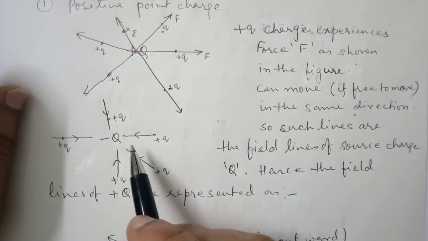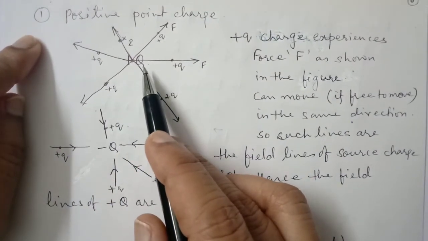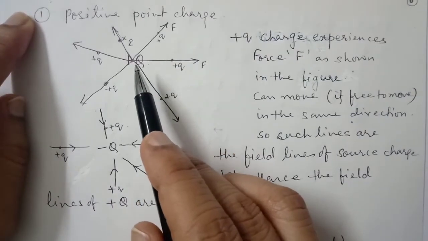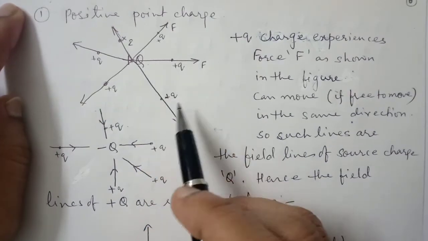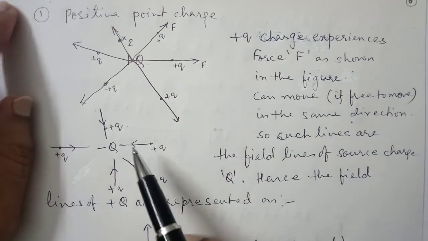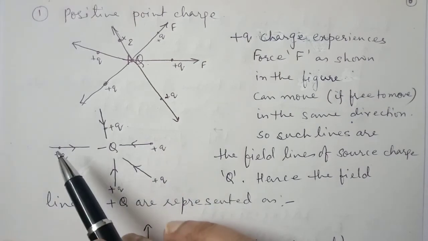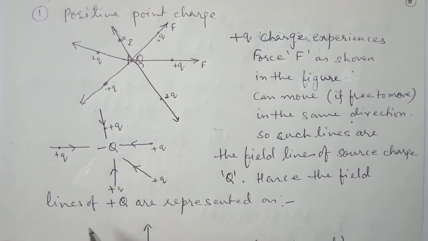What we can see is, when it is a positive charge, field lines are going away from it. I will call it radially away from the charge. If it is a negative charge, field lines are entering into it. This is entering radially towards the negative charge.